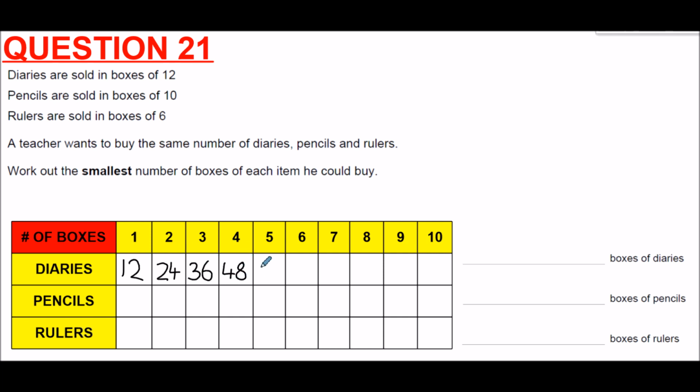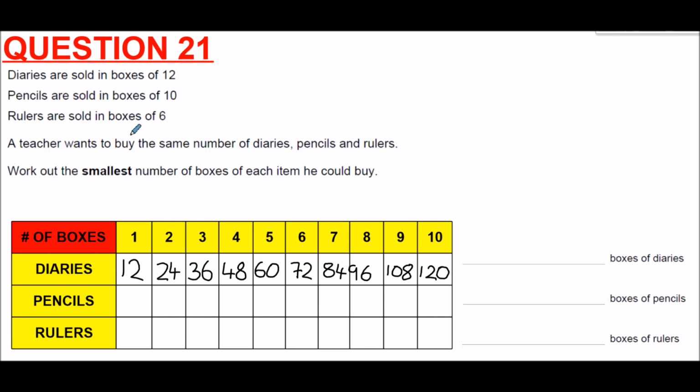So be careful because it's a non-calculator paper. Just add on 12 each time and keep going. 96. Add another 12, 108. Go up to 12 times 10, which is 120.